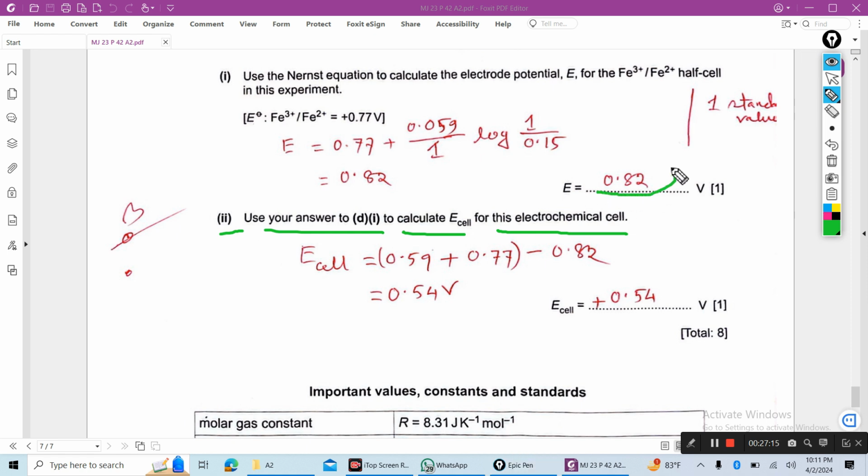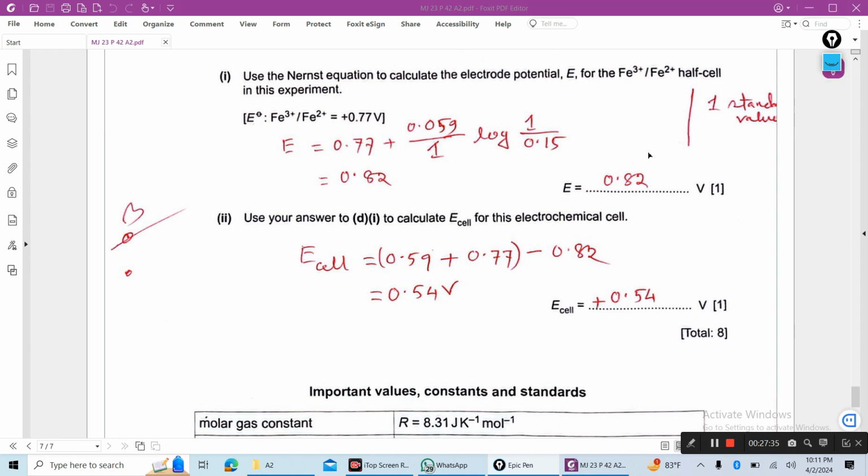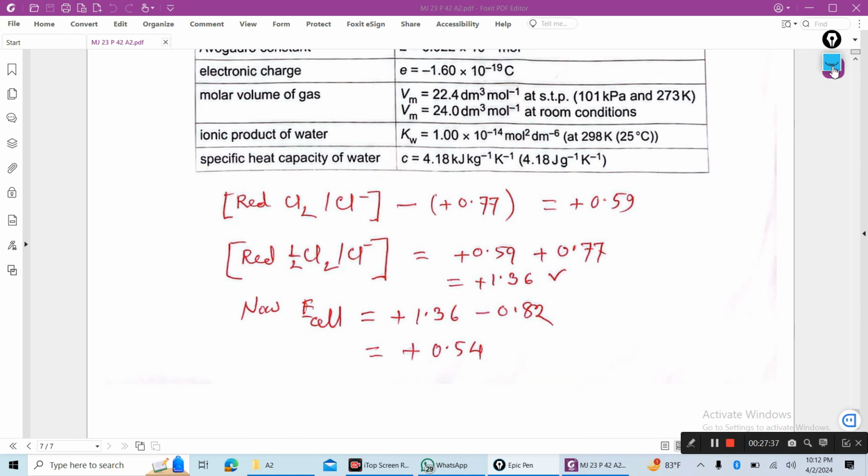Use D1, then E cell you will calculate. So E cell is 0.59 plus 0.77 minus this, you get this value, plus 0.54 volt, or you can write it, you can solve it.